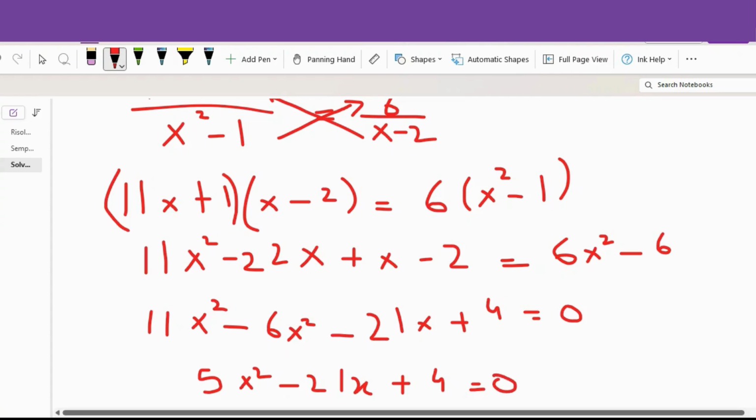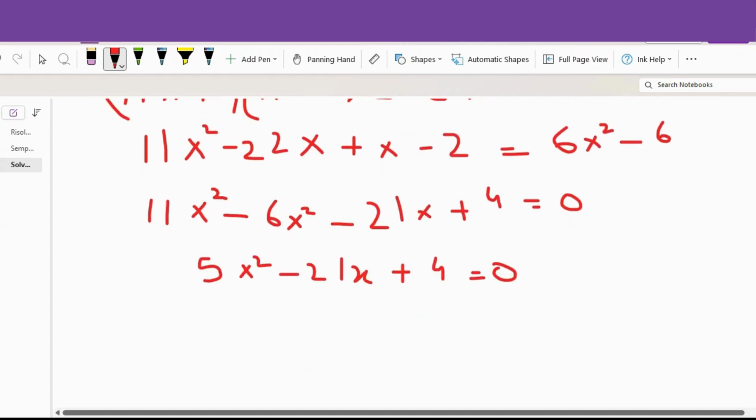Now this is what we got. There are several ways you can solve this problem. Either you can use the quadratic formula, or you can use factorization. If we use factorization, 5 times 4 is 20, and 20 times 1 is 21. So we can do it this way as well.